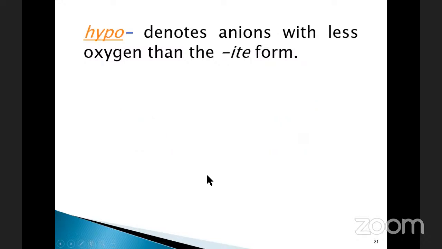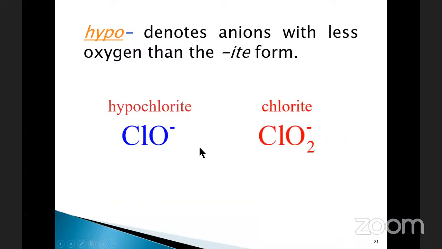All right. Here's another example. If you see the prefix hypo, basically what that indicates is that the anion which carries that name will have 1 less oxygen compared to the one that ends with simply ITE. So for example, this is called the hypochlorite ion, all right? And if you compare this to the chlorite ion, you'll notice that the chlorite has 1 more oxygen compared to the hypochlorite, all right?